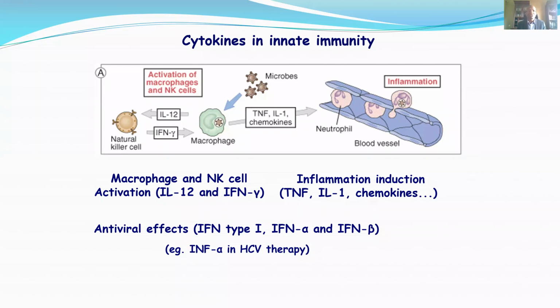But it is important to know that cytokines are going to be important in innate immunity, in activating the cells, especially macrophages and natural killer cells, in inducing the inflammation and having antiviral effect. Right now, I'm not going to bother you trying to remember what cytokines we are talking about, but those three are important.